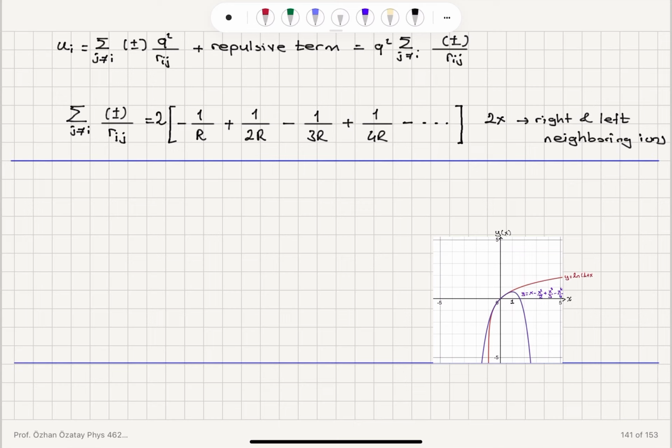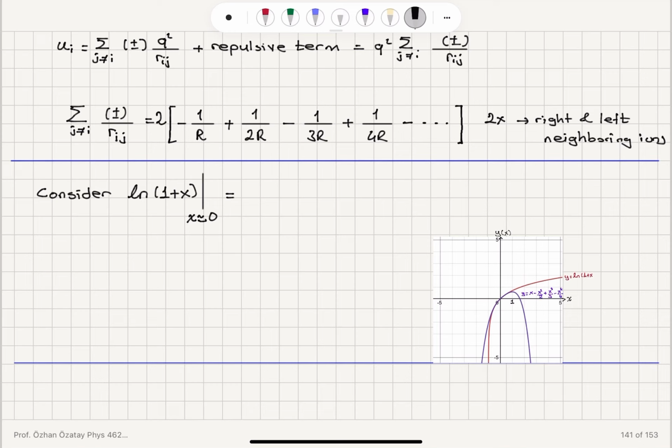Now, what is this summation? That's what we're going to try to understand. So consider the natural logarithm of 1 plus x, the Taylor series expansion for x around 0, so x is close to 0.